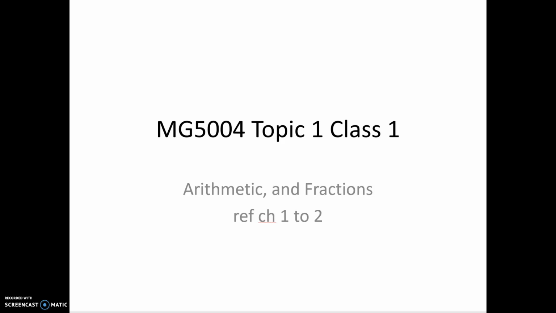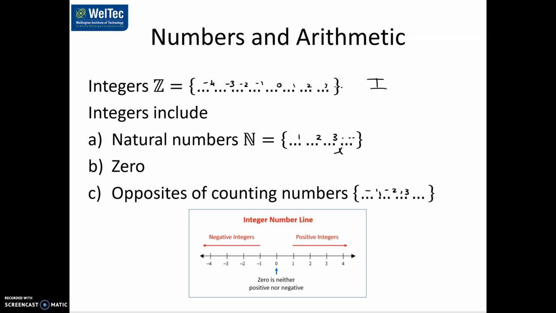In maths, we all need to speak the same language, so we need to make sure that we are indeed talking about the same things. So I filled in some of these just before by accident. The integers are negative numbers, 0, and positive numbers. Sometimes you see them written as I, but they are made up of 3 sets, if you like.